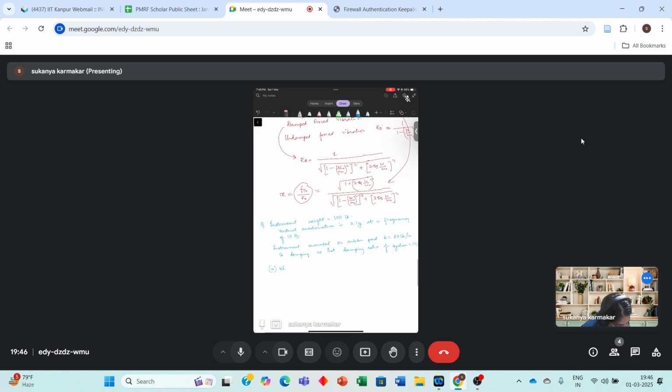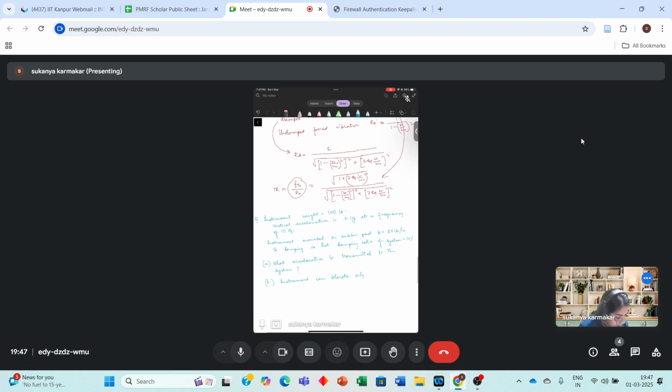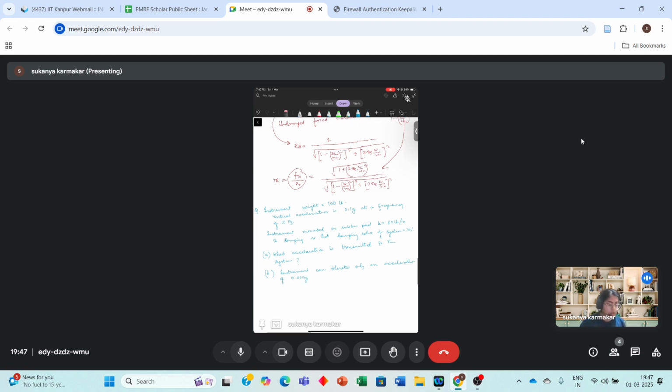The second question is, if the instrument can tolerate only an acceleration of 0.005 g, you have to suggest a solution, assuming that the same rubber pad has to be used. Suggest a solution.